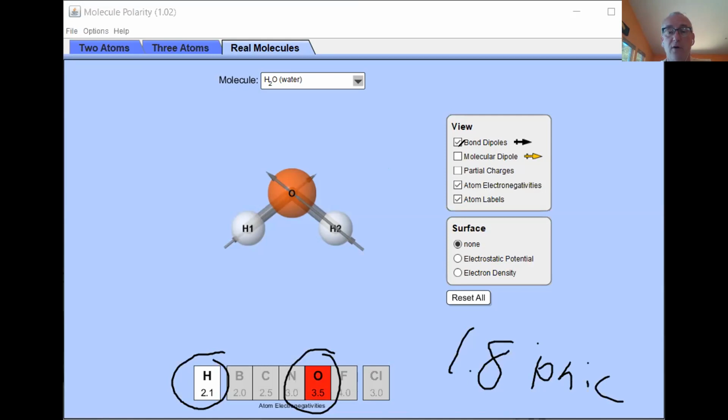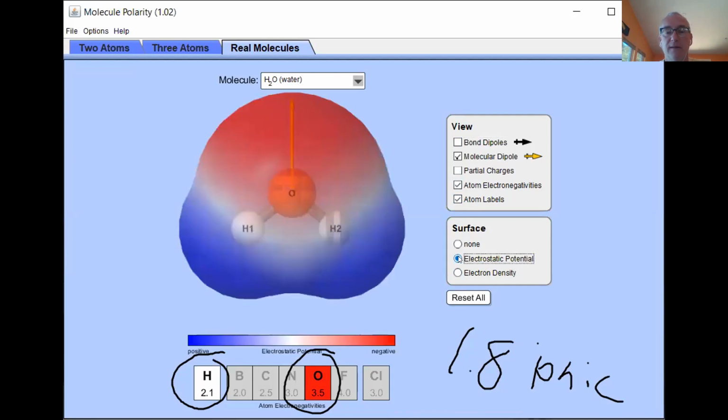So when we look at the overall molecular dipole, it points strongly up towards oxygen. And you can see when we look at the electrostatic potential, oxygen is highly negative, and the hydrogens are highly positive. Not completely, but pretty close.